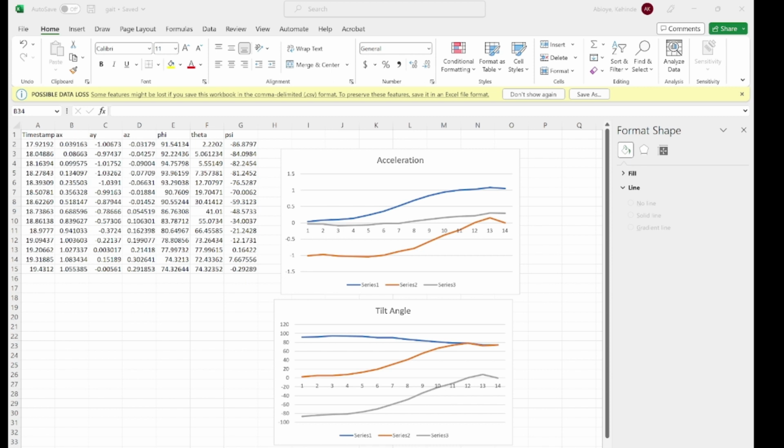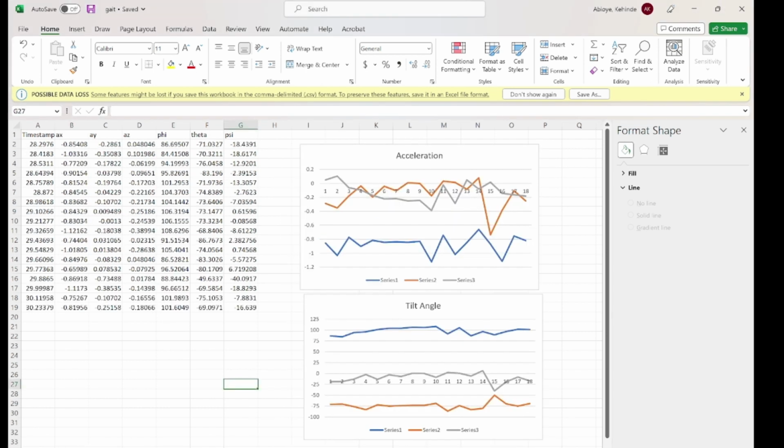The same for the tilt angle. The tilt angle pretty much remains the same throughout. You can see that at some point the tilt angle and the acceleration increase. That is when the forearm goes from the mean position to the extreme position.